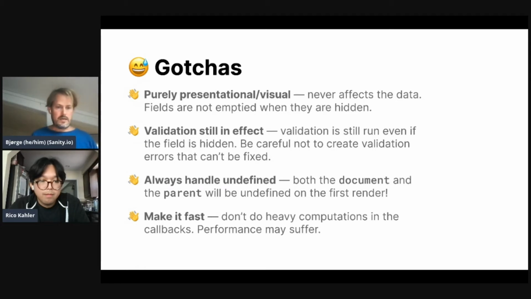Always handle undefined. The context that your callback is given receives the document and the parent object. The parent object may be undefined because this condition is run before the parent object has any value as well.